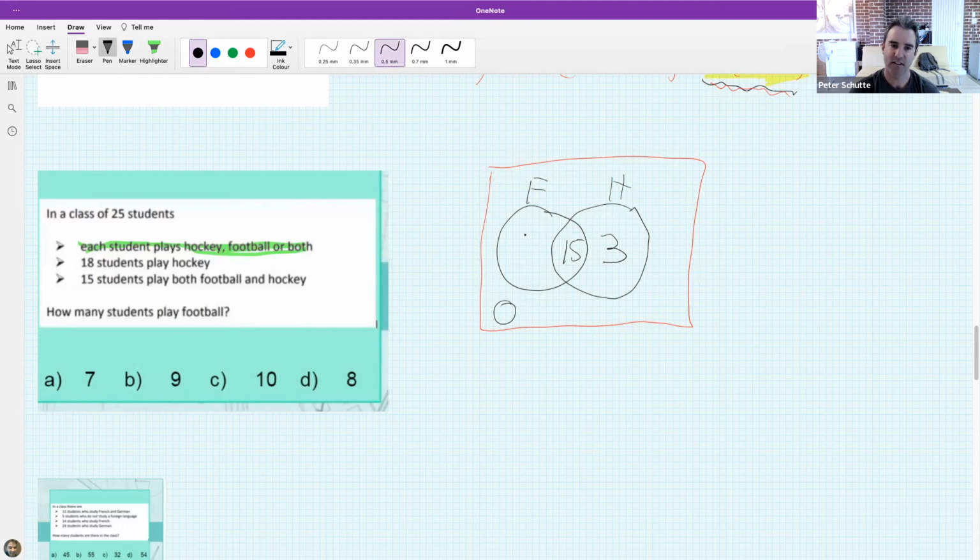So what does this F have to be? Well, it's going to be 25 minus 15 minus 3, which is equal to what? 25. And that is going to be 7. And so the answer is going to be A.